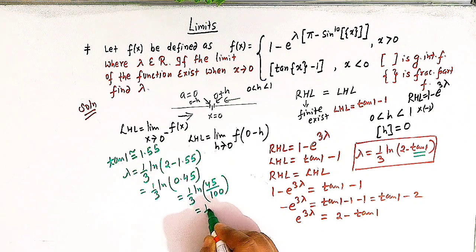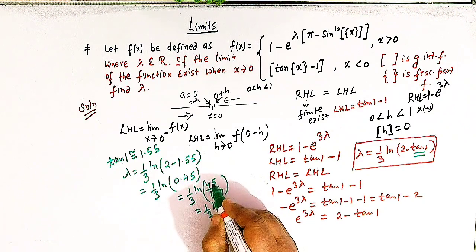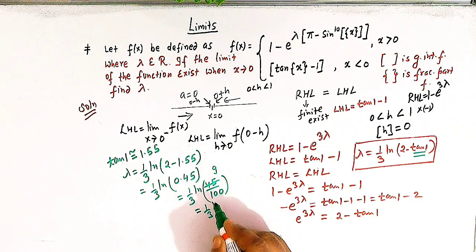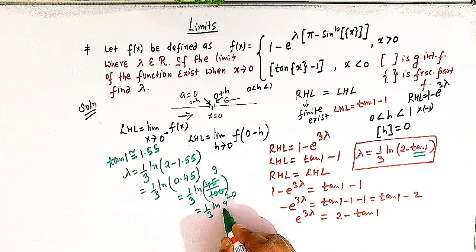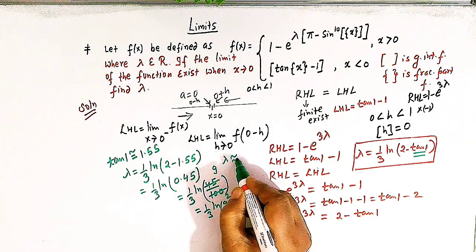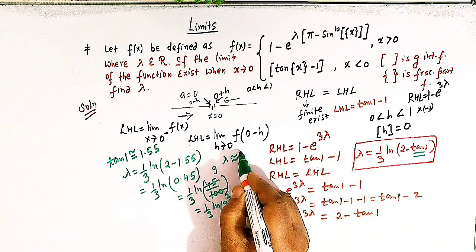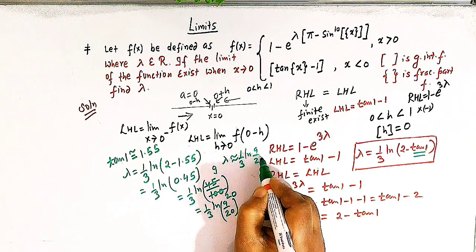And if we reduce it to the lowest terms, then we have here 5 times 9 over 5 times 20. So we have 9 over 20, right? So this is the approximate value of lambda, that is 1 over 3 natural log of 9 over 20.